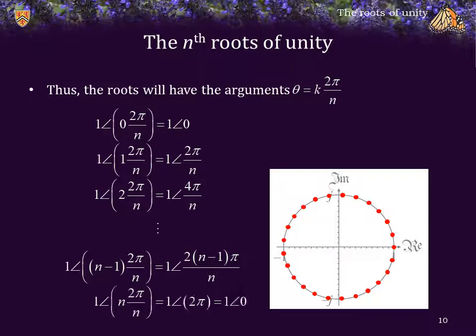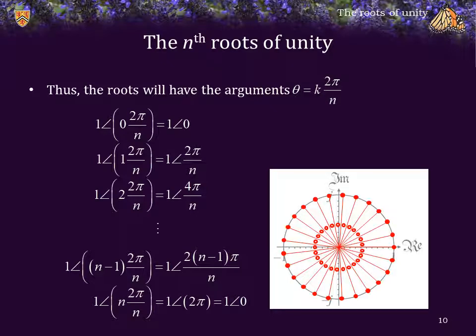Again, when k is equal to n, we will simply have the value 1. Okay, and if you notice, the angle between each of these complex numbers in turn is equal.